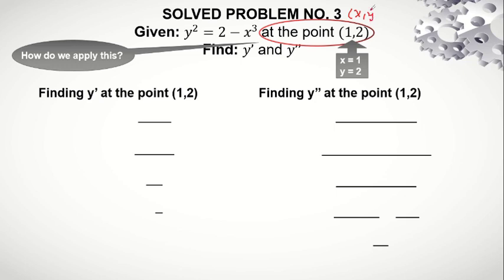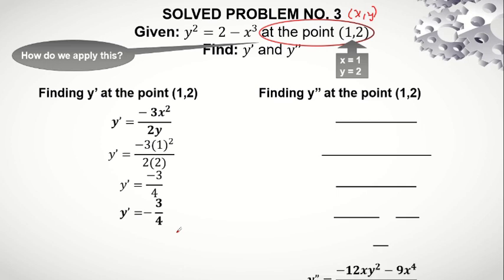Of course. Diba? Anong x nyo? 1, y nyo 2. Ayun. Substitute. Ito ang first derivative nyo, hindi ba? Ngayon, ano ang x nyo? 1, 2. Ngayon, ano ang first derivative nyo? Using the point 1, 2, we have negative 3/4.